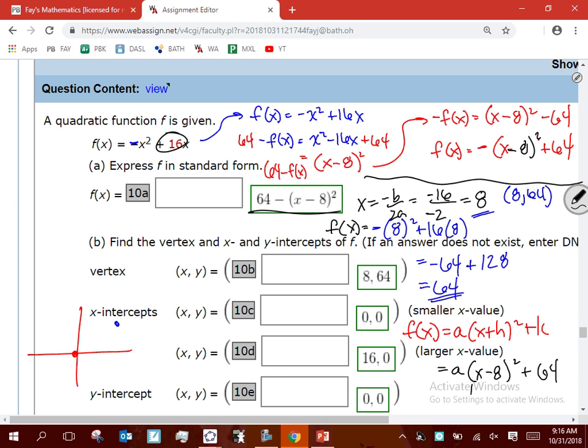Now, if you were to expand that, and here's the thing, I don't know what a is yet. I've got to have that a in there to make this work. If I were to expand that, I'm going to have x squared minus 16x plus 64 plus 64. Why does it match up to this? Because my a coefficient, if I expand this, is positive 1.